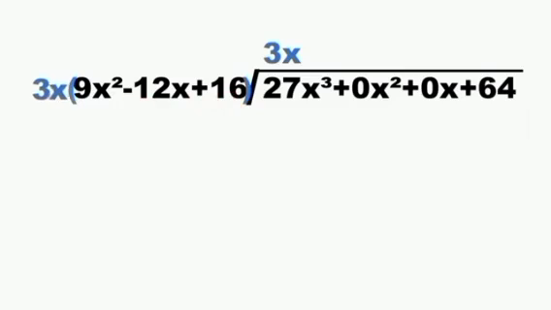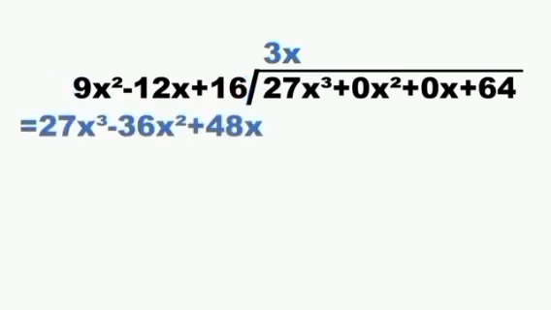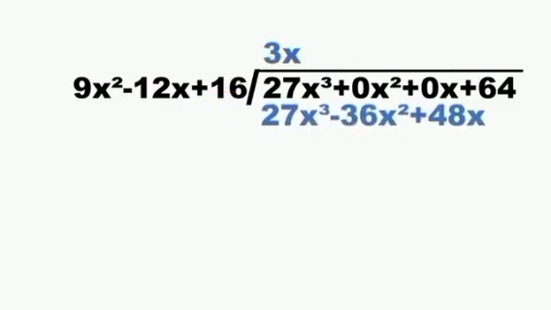By the distributive property, 3 times 9x squared is 27x cubed, and 3 times 12x is 36x squared, this is minus, and 3x times 16 is 48x, and we have to put this below 27x cubed plus 0x squared and 0x.